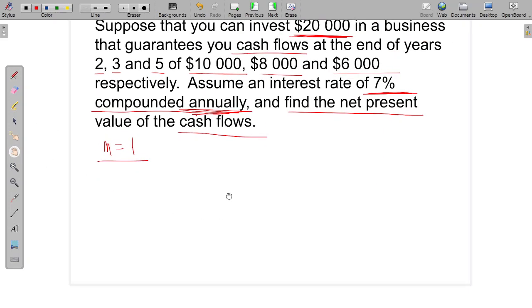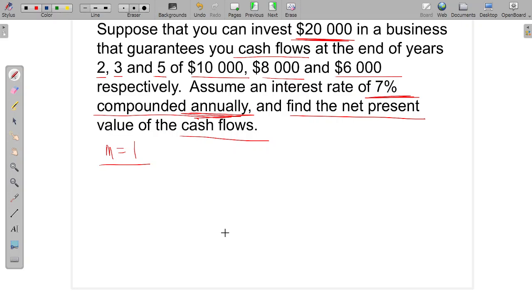So we draw our timeline for this. We have 0, then we have an investment at 2, another one at 3, and then another one at 5. That is the last one.